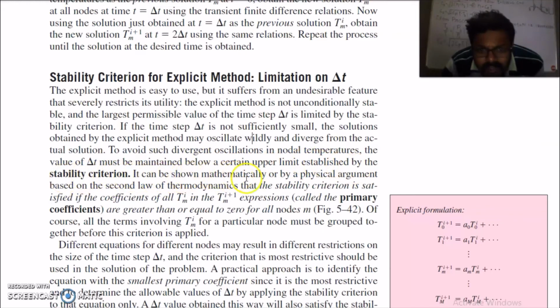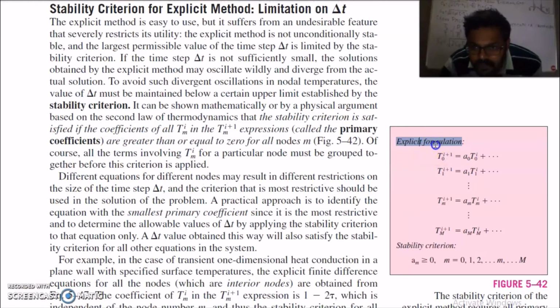It can be shown mathematically, or by a physical argument based on the second law of thermodynamics, that the stability criteria is satisfied if the coefficient of Tmi in the Tmi plus 1 expression, called the primary coefficient, is greater than or equal to 0 for all nodes m. So this is your explicit formulation.